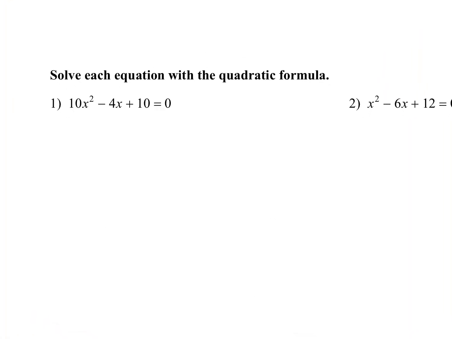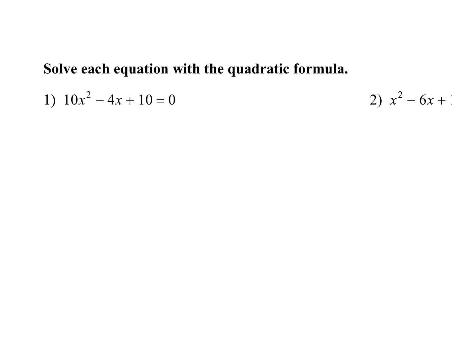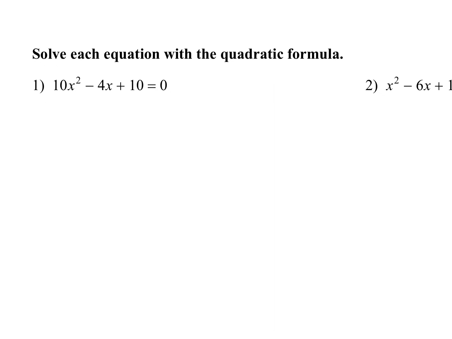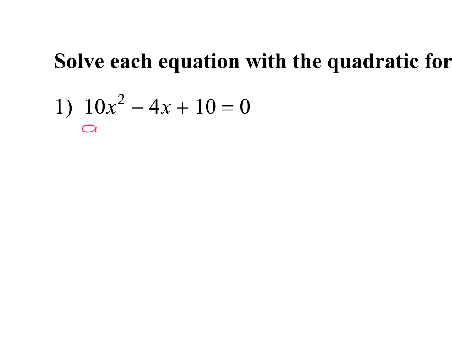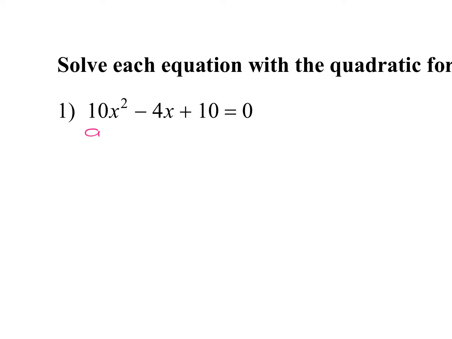If we get some other examples for number 1, here we have 10x squared minus 4x plus 10 is equal to 0. It tells us to solve each equation with the quadratic formula. So for this one, our a is 10, b is negative 4, c is 10.